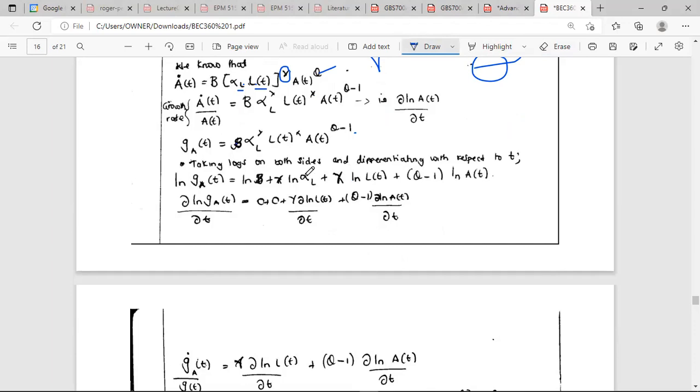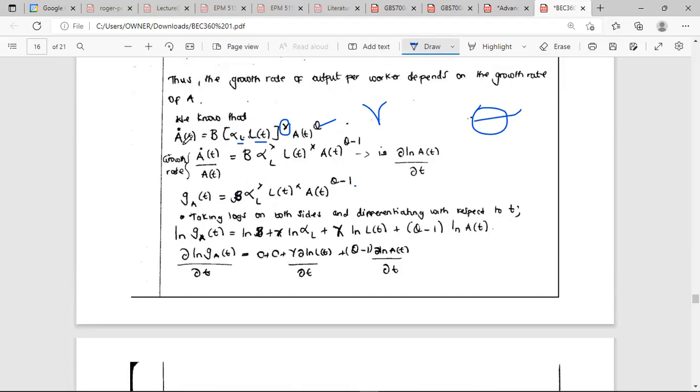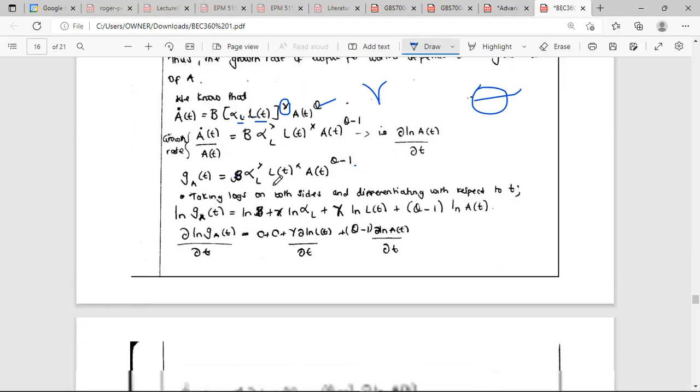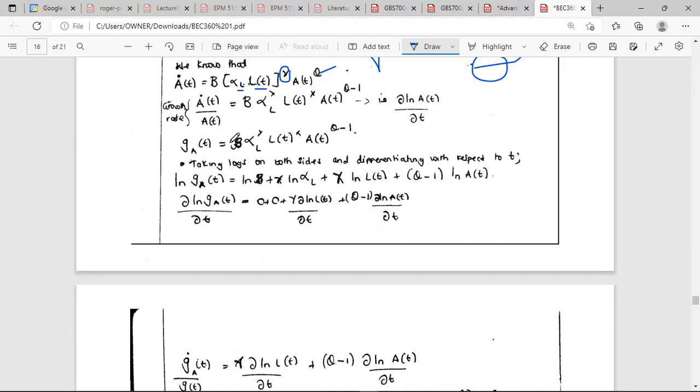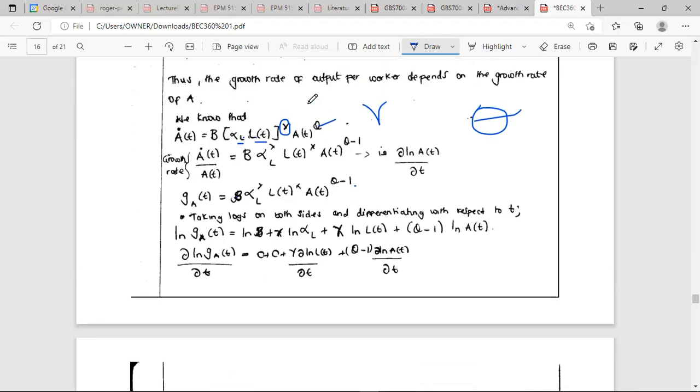What we're trying to achieve is that we need to understand what is the growth rate of knowledge. Okay, so we have to make sure that we analyze the expansion of every one of these variables, because we're trying to analyze these variables, B, alpha, and this. That's what we're trying to get.